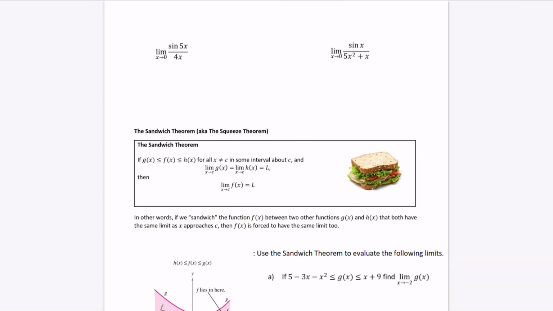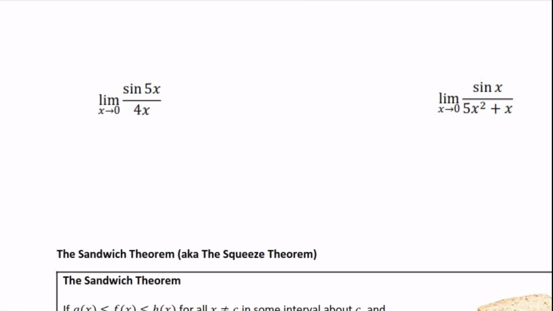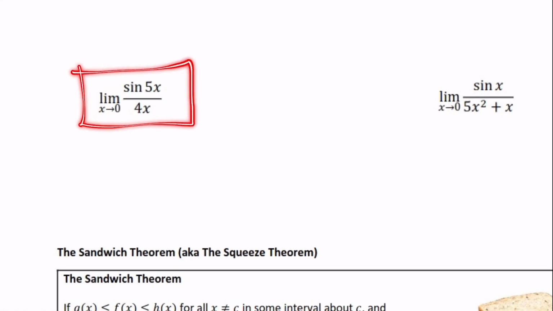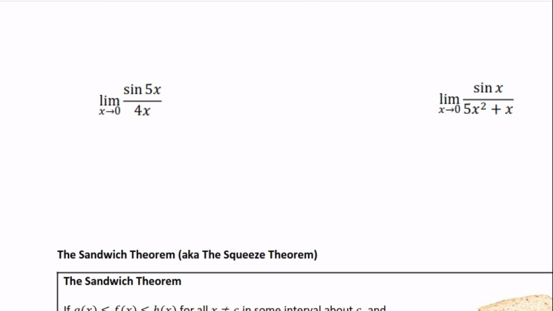So let's proceed by looking at more examples on trigonometric limits which are very special. And again, we are going to use the fact that the limit as x approaches 0 of sine x over x equals 1. So with the same idea, how do we transform this to that? So again, we are going to have 5 times sine 5x over 4x.